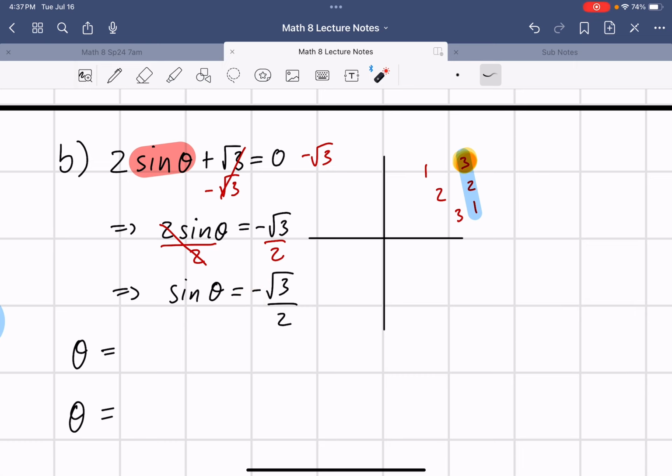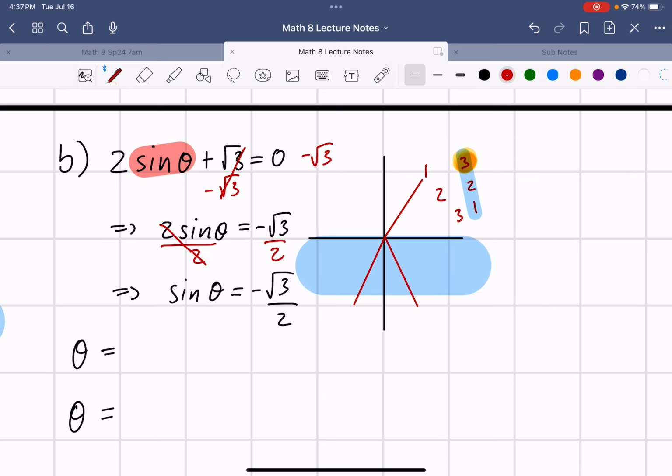So that means we are looking in quadrant 3 and 4 for our solution, because that's where the y-axis is negative. So I'm looking at this position, but in quadrant 4 and in quadrant 3.